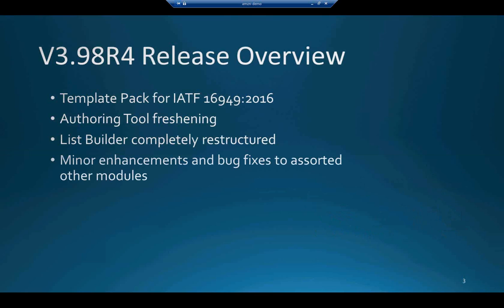The look is very new. It's different from the way it's looked in the past, but everything is still in the same place. So if you're accustomed to the locations of clicking on toolbars, those locations didn't change, just the appearance of the icons has. The new release of List Builder is now included, as well as some other enhancements and bug fixes to the assorted other modules that we offer.